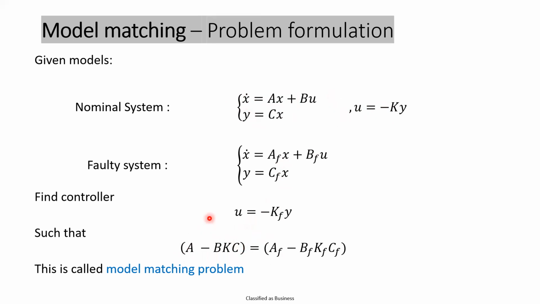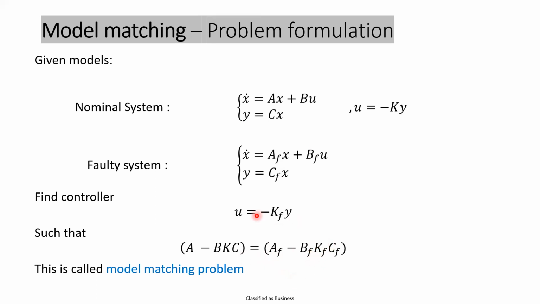And the reason is that some of these algorithms, as I said, are only applicable for output feedback. So we need to pay attention to which one is applicable. So the point is, we have designed a controller for the nominal system, and it is such that the eigenvalues of A minus BKC are at the right place. Now a fault has happened, or we are predicting if a fault happens, how to design Kf.